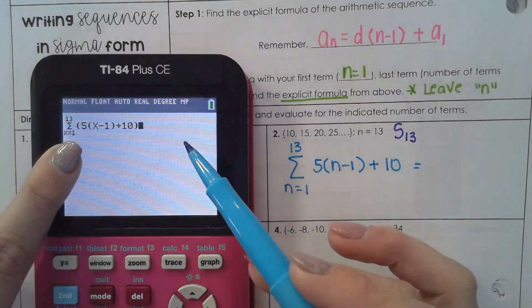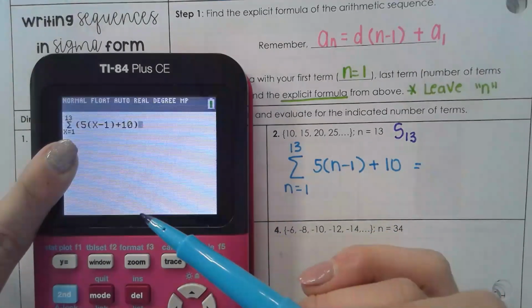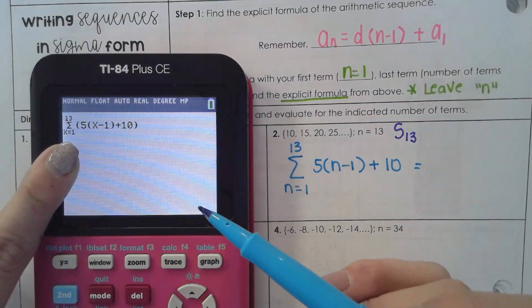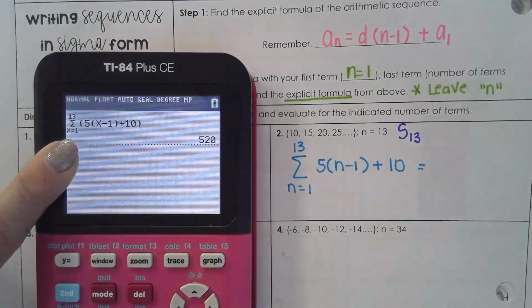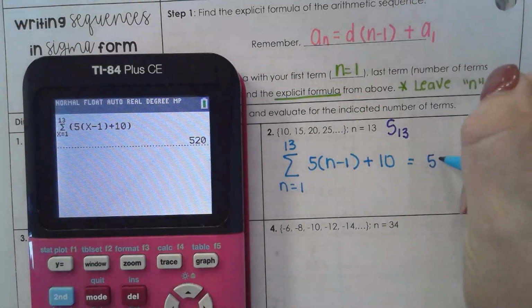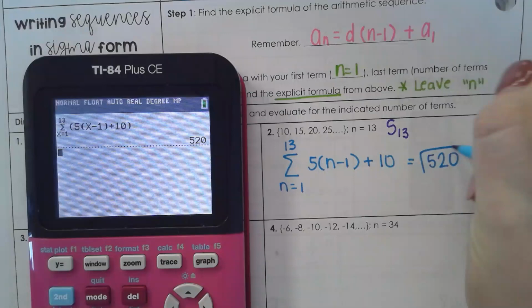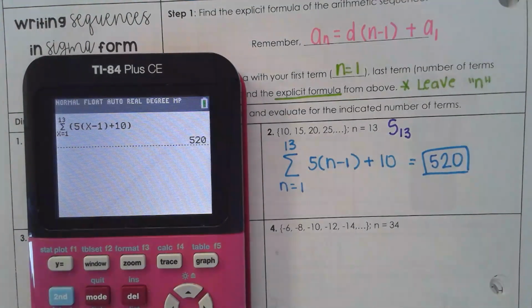So the parentheses that show up when you first hit math 0, you cannot type outside of them. It'll mess it up. You get 520. Any questions?